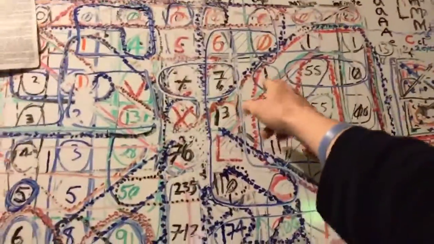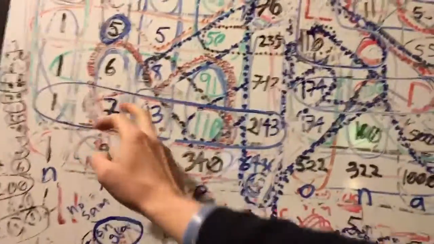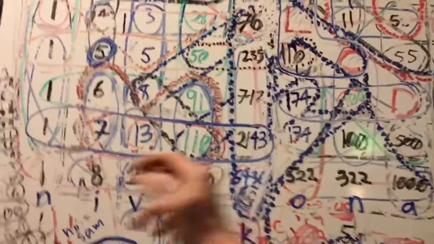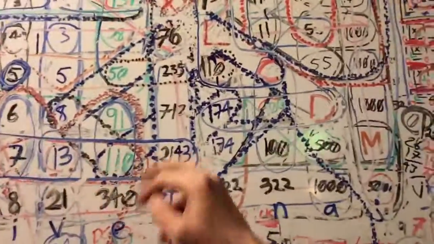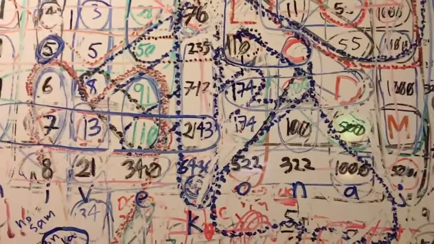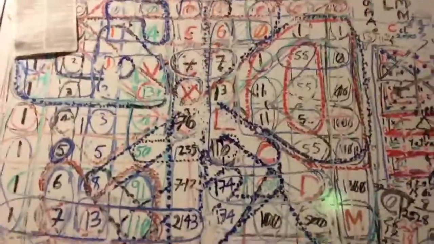So that's their version. They're going from 4D Earth, 1 of 7 of 7 of 5, to 7D Earth, 1 of 7 of 7 of 5 of 1 of 2 of 1, to be the equivalent of 1 of 7 of 13 of 110, or 1 of 1 of 7, 1 of 1 of 1 of 7 of 13 of 110 of 2143. There'd be a 1 of 1 of 7 of 7 of 5 of 1 of 2 of 1. Wow.